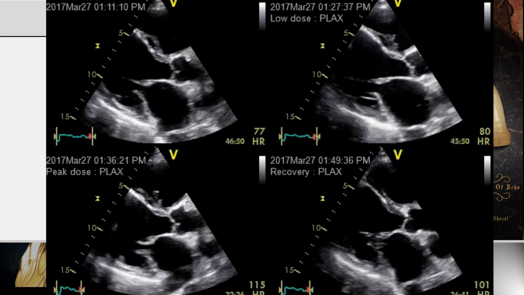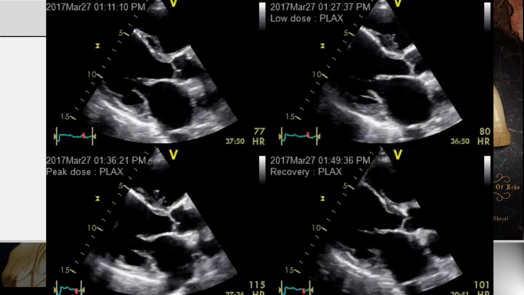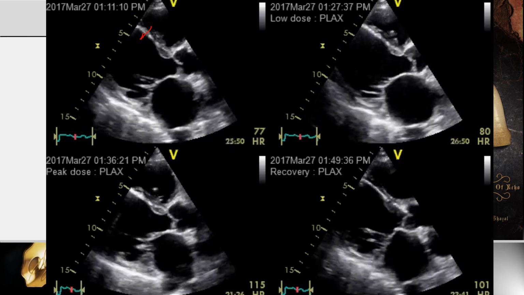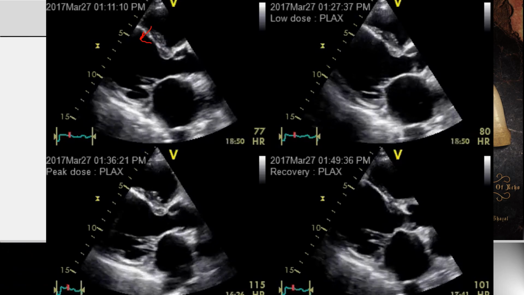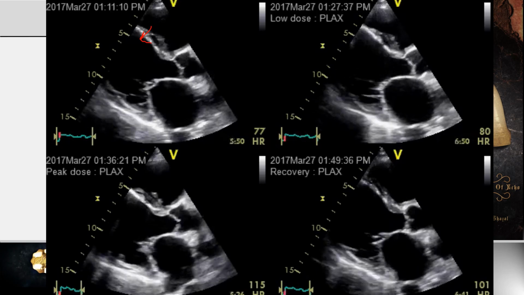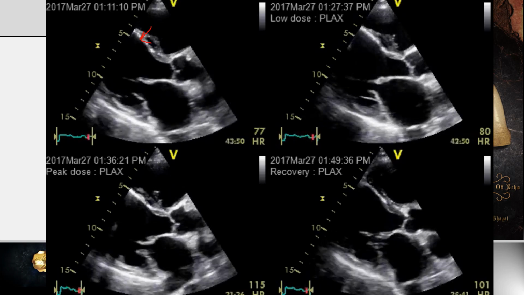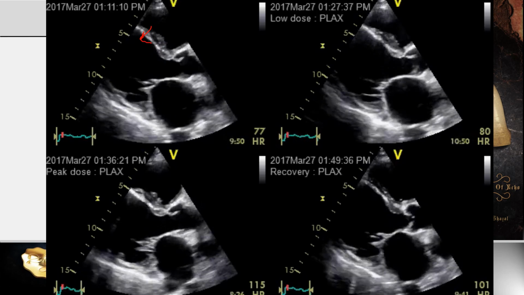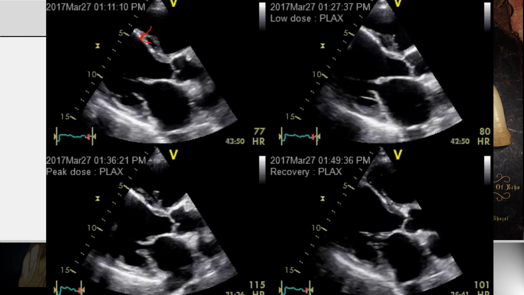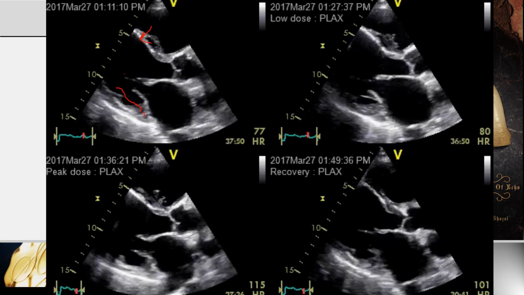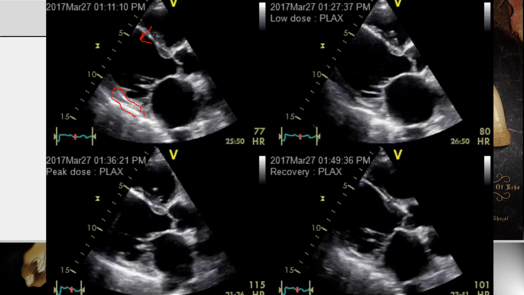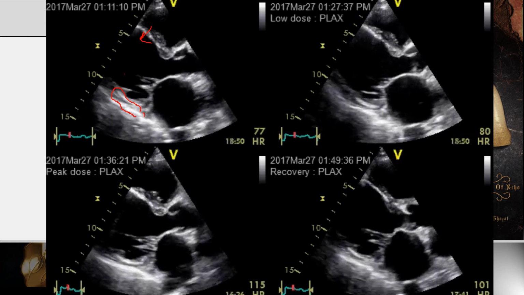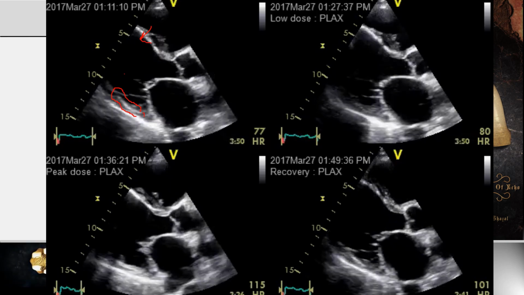So look at this example here. This is scarred myocardium, thin, akinetic, or even dyskinetic, bright, and not moving. So that is the definition of a scar. Now this infralateral, you can see here some thinning, but it's not full thickness. So it's a subendocardial scar. There is some scar, but not everywhere.